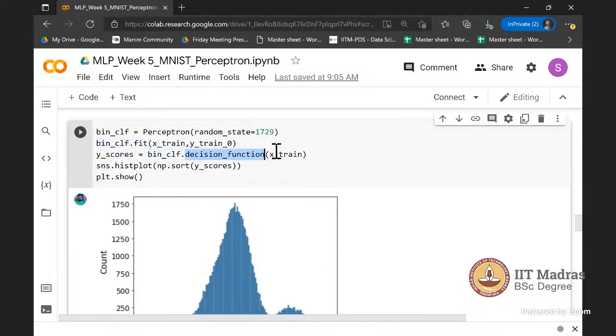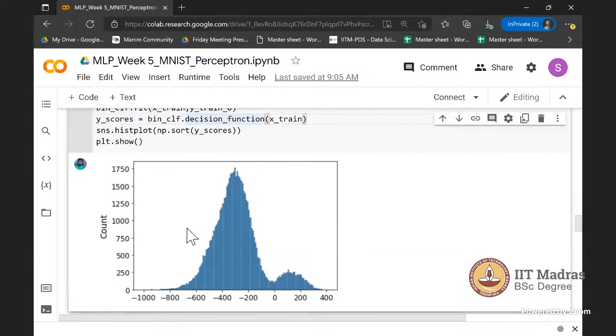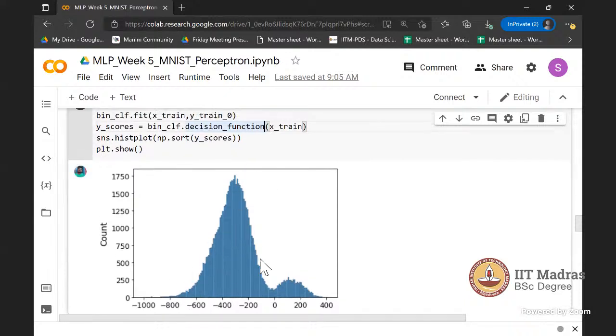We want to compute the scores of those predictions also. So the decision function, if we pass X train, is going to give a score for every sample in the training set, and those scores can range from negative values to positive values. If the score is positive, the sample belongs to the positive class, and if it is negative, it belongs to the negative class. And you will see that this is the distribution we get.